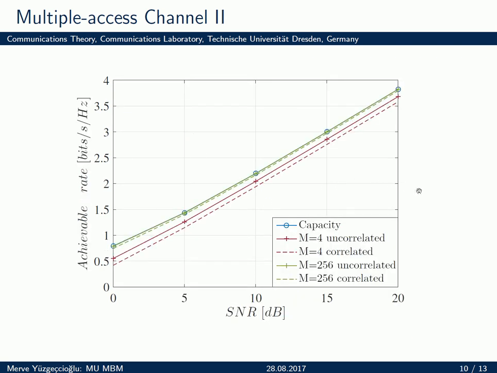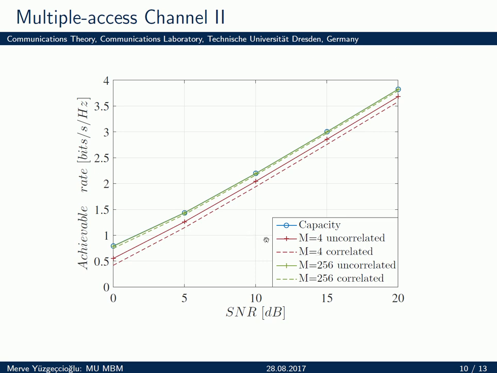And in this figure I wanted to look into the effect of increasing the size of the constellation diagram. Here for the correlated case, we are again looking into the multiple access channel. For the correlated case, we have generated the covariance matrix exactly as shown before for the covariance matrix of the multiple access channel, starting from constellation diagrams with uncorrelated entries.